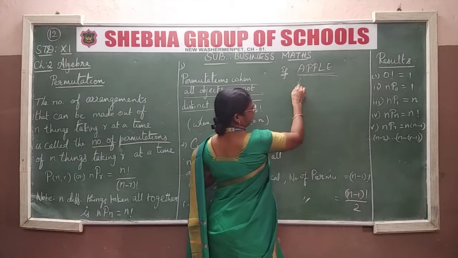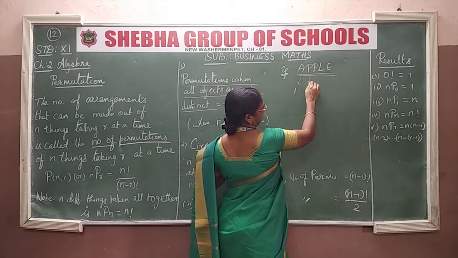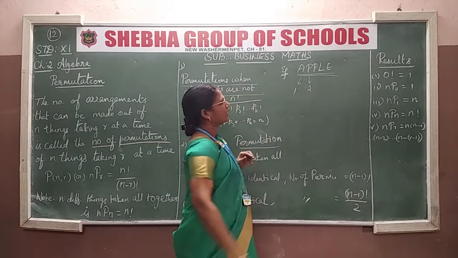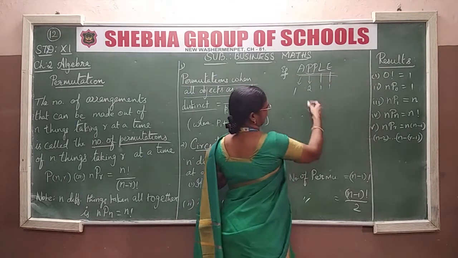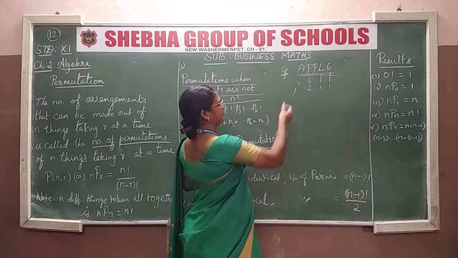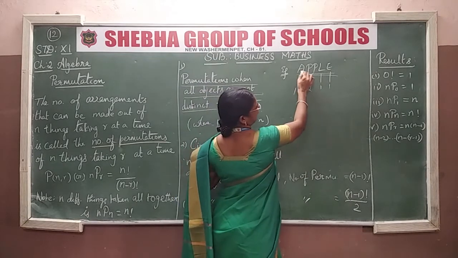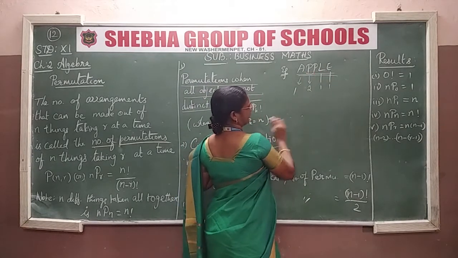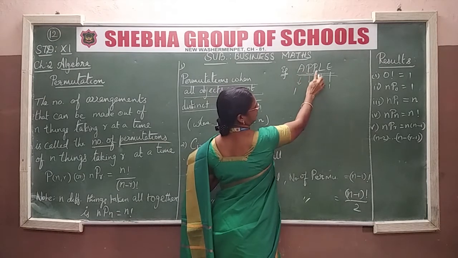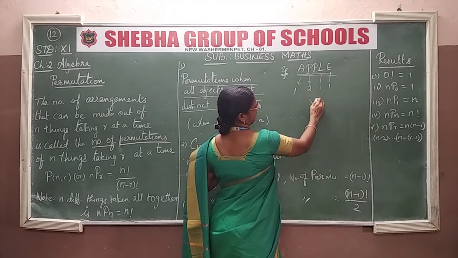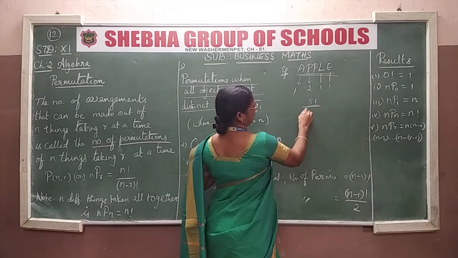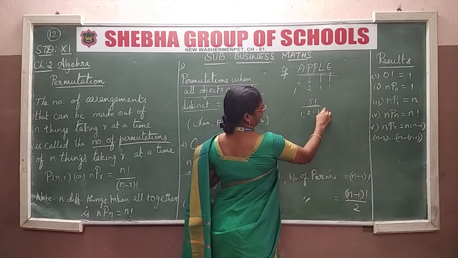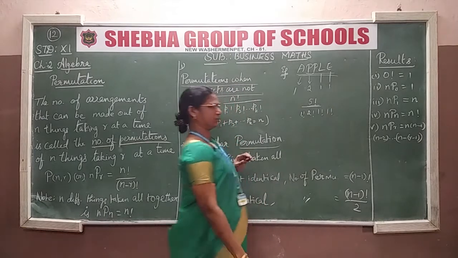Here a occurs one time, p occurs 2 times, l occurs one time and e occurs one time. Therefore, the number of permutations in this case is, first count all the letters in this word, that is 1, 2, 3, 4, 5 letters. So 5 factorial divided by 1 factorial, 2 factorial, 1 factorial into 1 factorial.